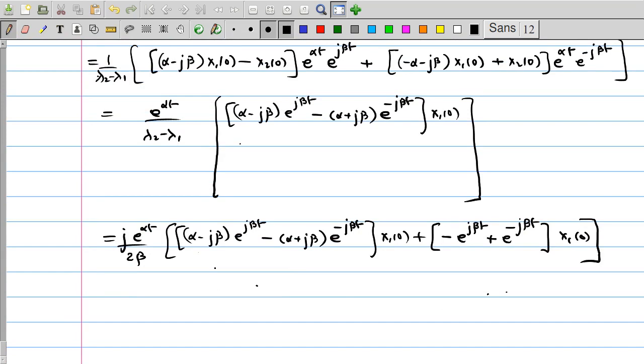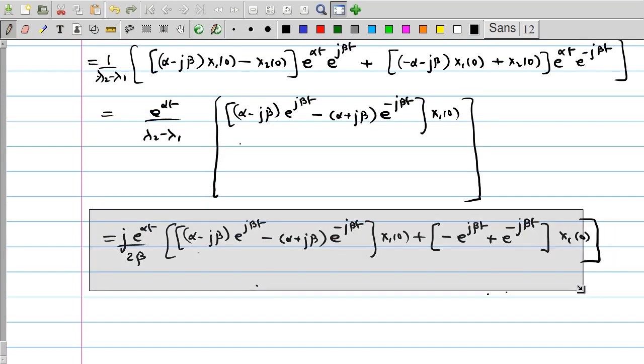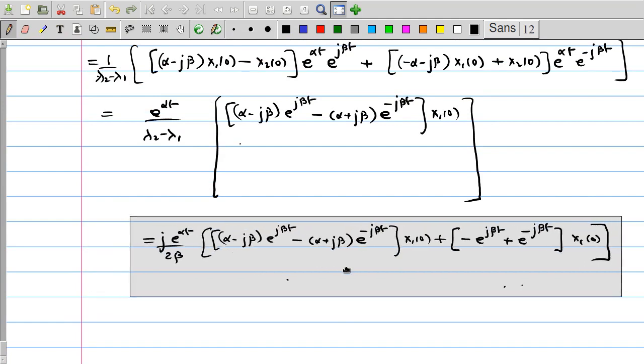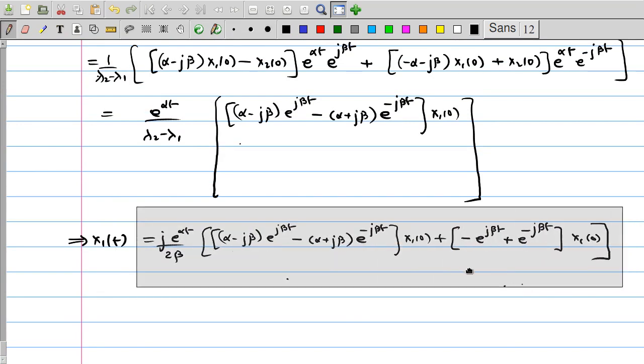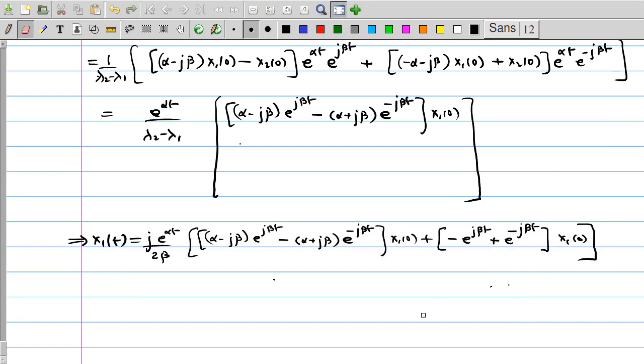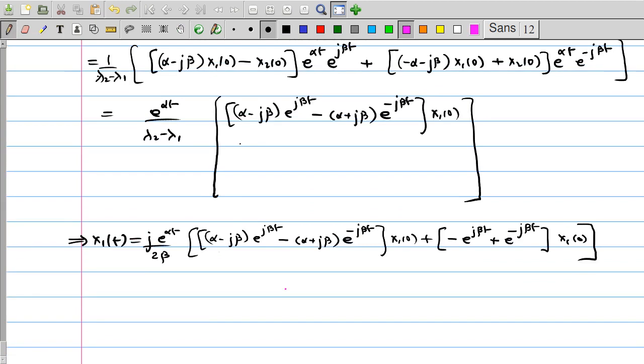So I'll just squeeze this a little bit and I'll write x1 of t. This implies x1 of t equals this wonderful expression. We'll get to the sines and cosines in one second after this. Actually, let's just deal with x1 of t and then we'll worry about x2 of t. It is tempting to actually complete the whole thing, painful though it is.